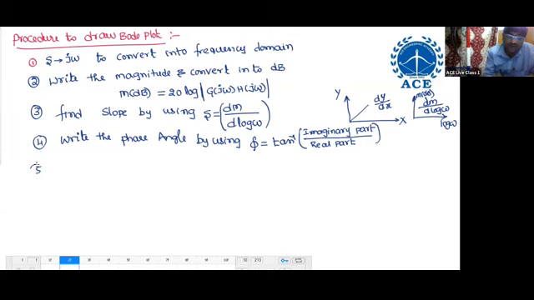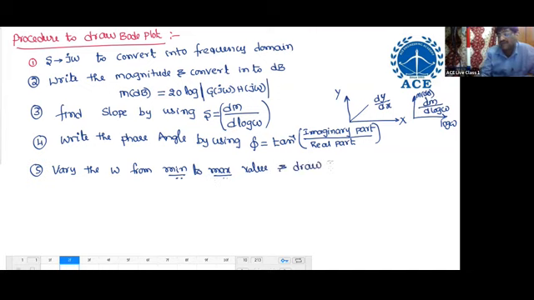Next, vary the omega from minimum to maximum value, and draw the magnitude and phase plot.